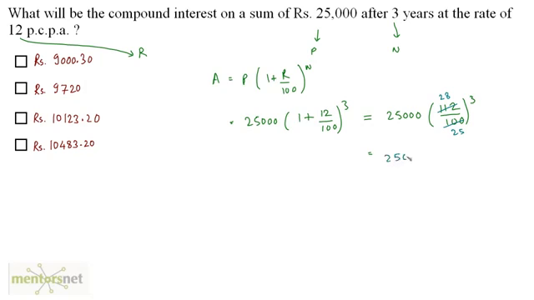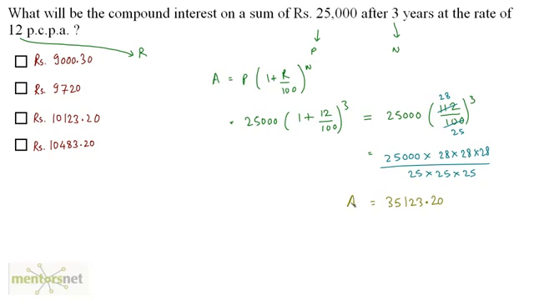So this is basically 25,000 times 28 times 28 times 28 divided by 25 times 25 times 25, and that will be equal to this amount, 35,123.20, if you solve this.